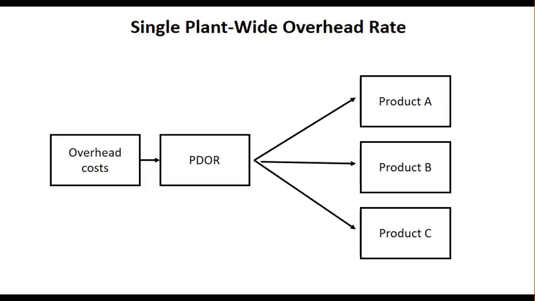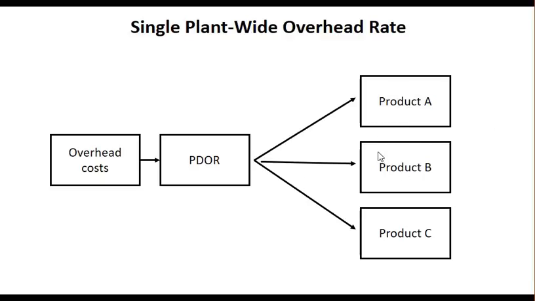Now, a single overhead rate works well if you can find a common cost driver. Typically the most common cost driver is direct labor hours, simply because there's typically direct labor applied to each job. When I say each job, I should say each job or product line, or if you will, cost object. But you have to be careful.